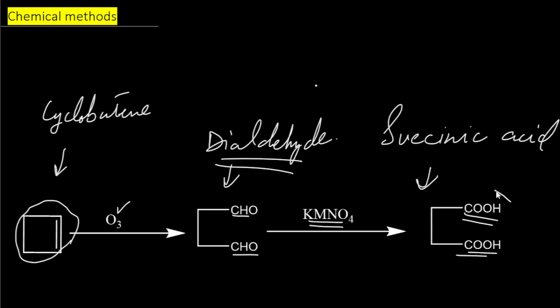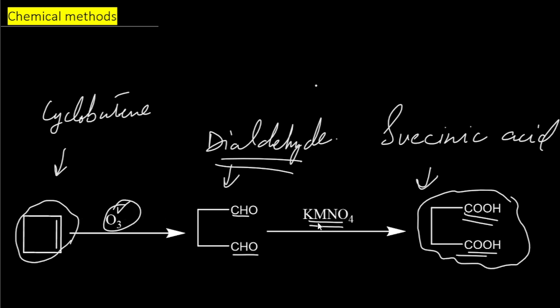So when we got the succinic acid, we compare this product with the product which is available in the laboratory. If the properties of both chemicals are the same, then our product was this cyclobutene. So through successive reactions, we find out whether our product was right or wrong. This is also a wastage of chemicals.